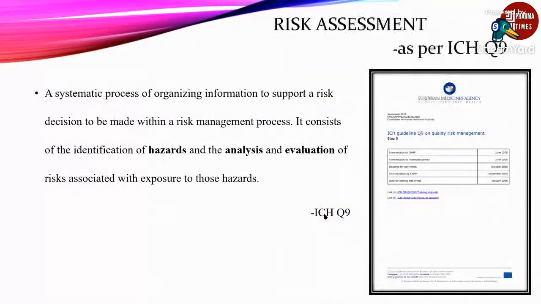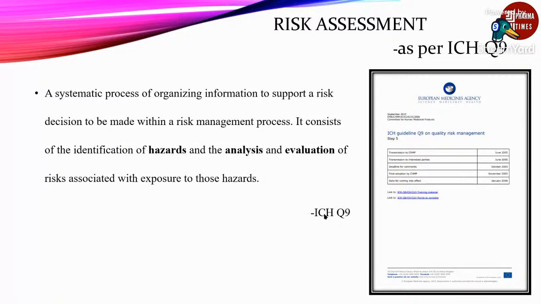So risk assessment is defined in ICH Q9. It's a guideline given by the International Council for Harmonisation of Technical Requirements for Pharmaceuticals for Human Use. So ICH means International Council for Harmonisation. It's a group of countries which define guidelines for risk assessment, for CROs, or say for clinical research.